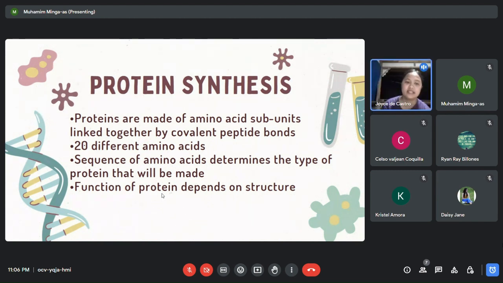So, protein synthesis. Proteins are made of amino acid subunits linked together by covalent peptide bonds. Protein synthesis is the intricate molecular process through which cells construct proteins, the fundamental building blocks of life.